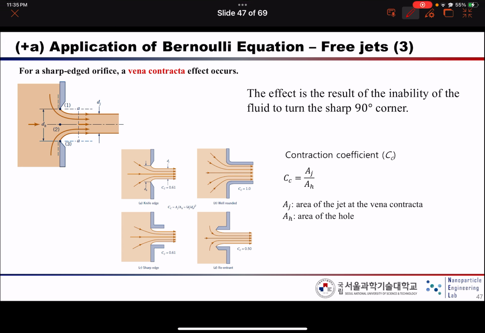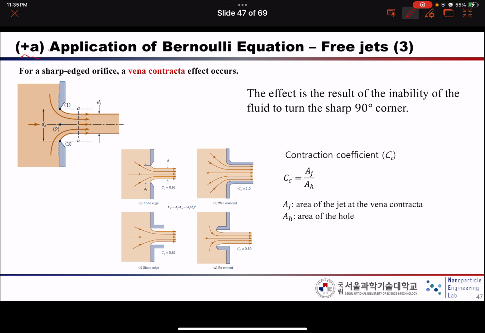And this is also the plus alpha page. So for a sharp edge orifice, the Vena contracta effect occurs. Okay. The effect is the result of the inability of the fluid to turn the sharp 90-degree corner.